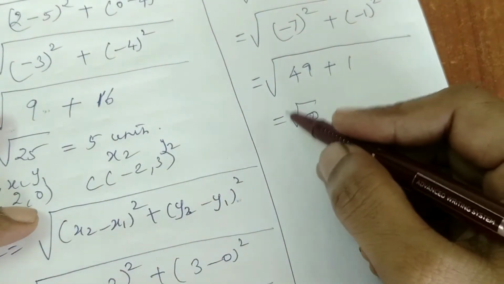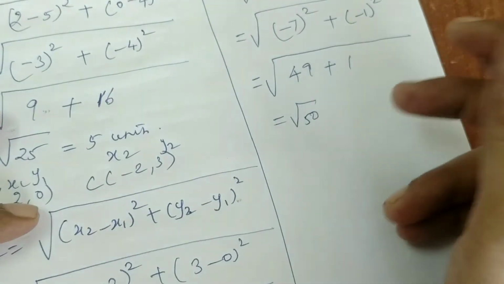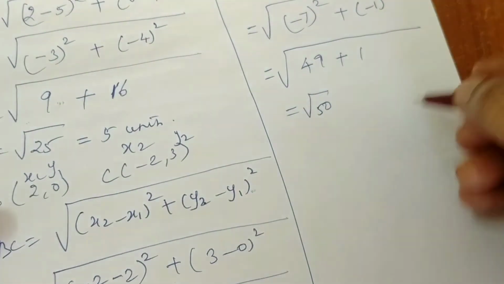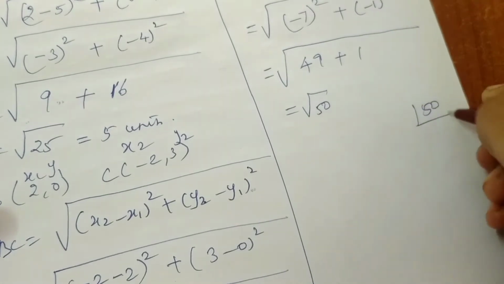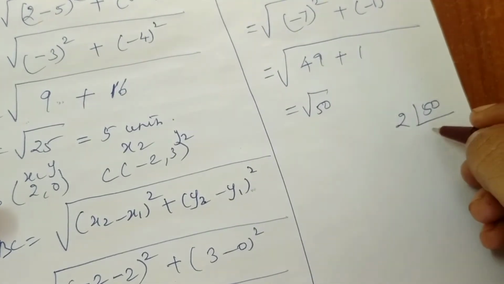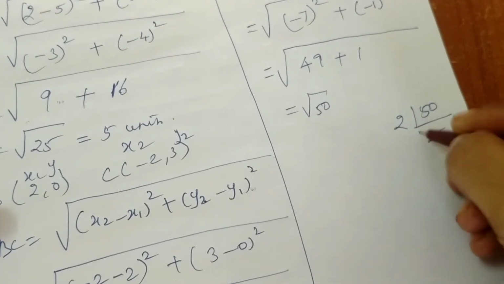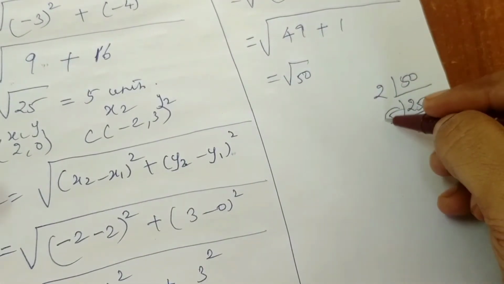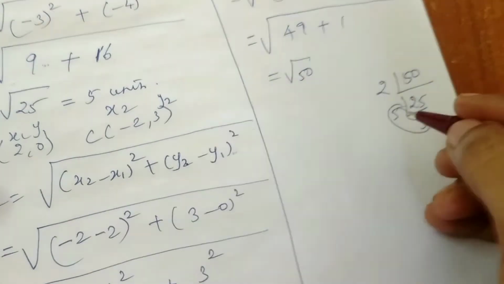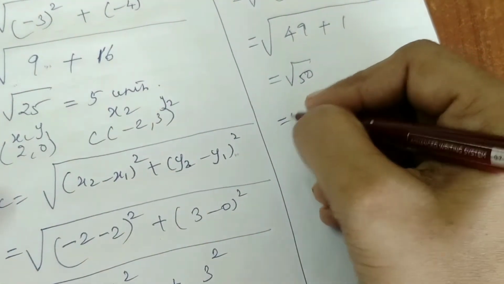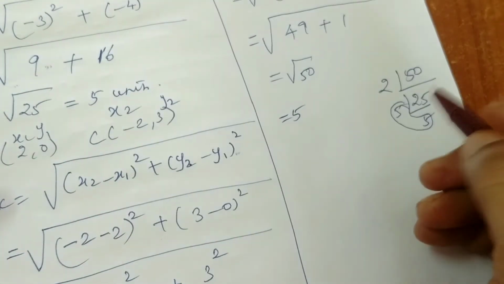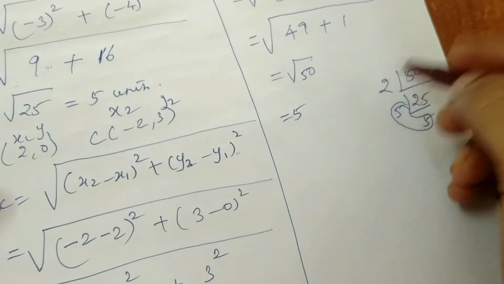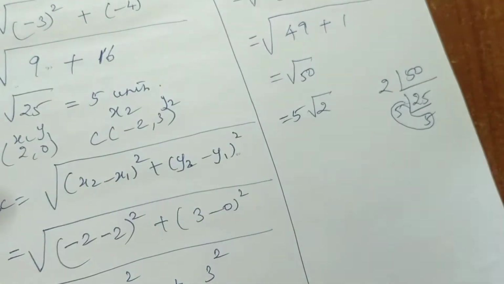So what is the value of root 50? We have to factorize this 50. 2 fives are 10, 5 fives are 25, again 5 fives. These two 5s are in a pair, so we write one 5 outside of the square root, and this 2 has no pair, so we keep it inside the square root.